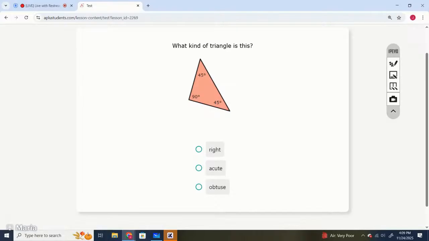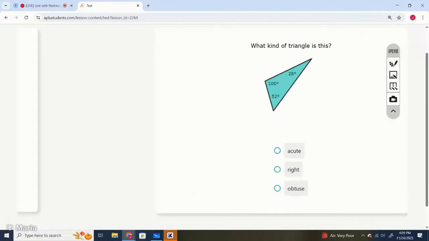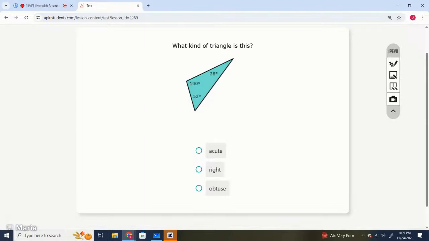What kind of triangle is this? That is a right triangle. Option number 1 is the correct option. What kind of triangle is this?